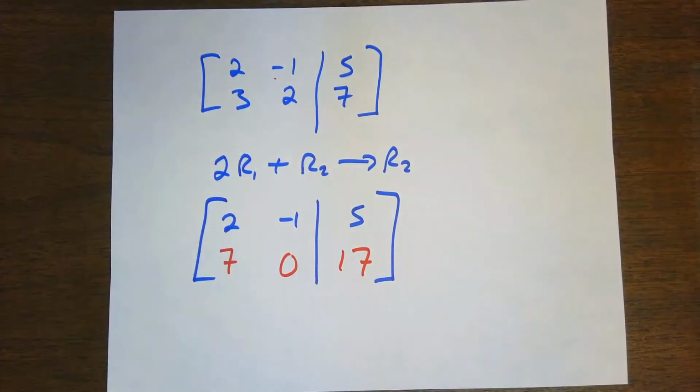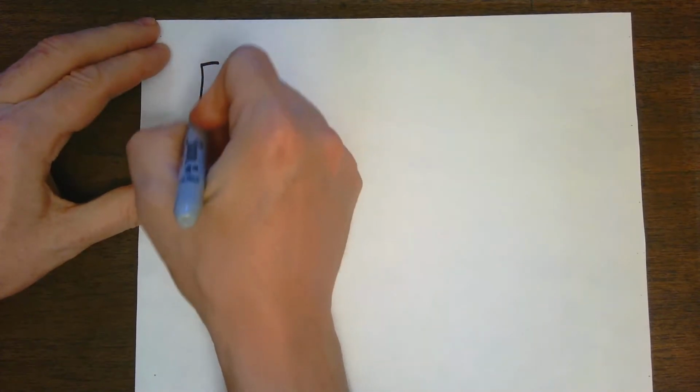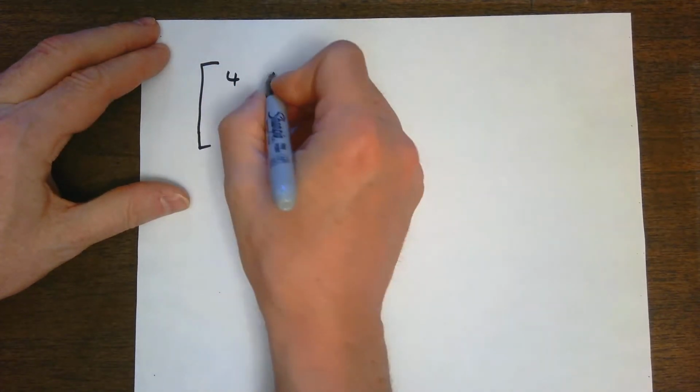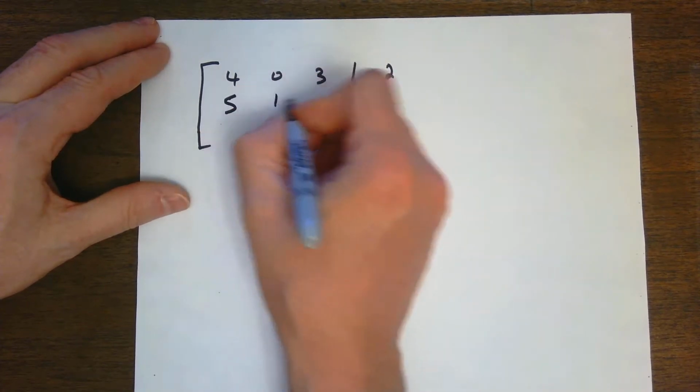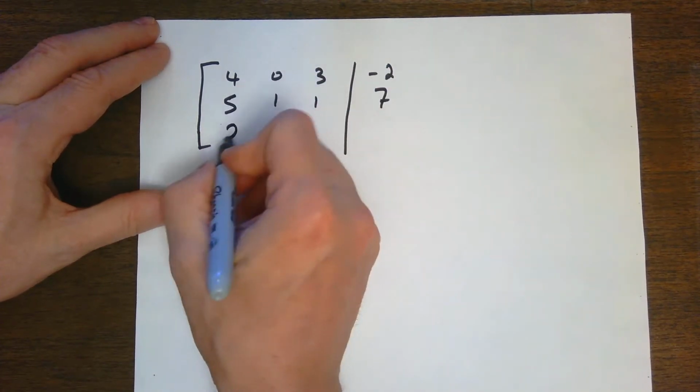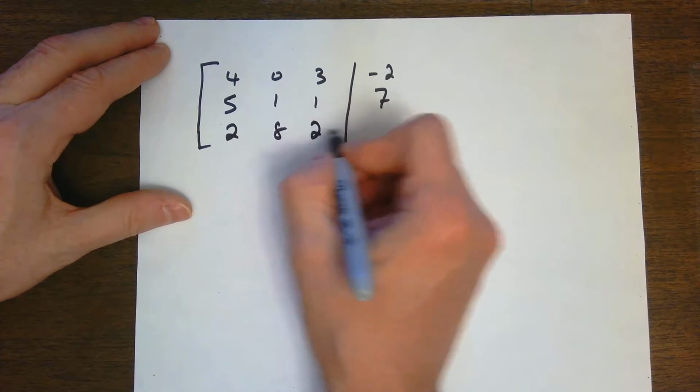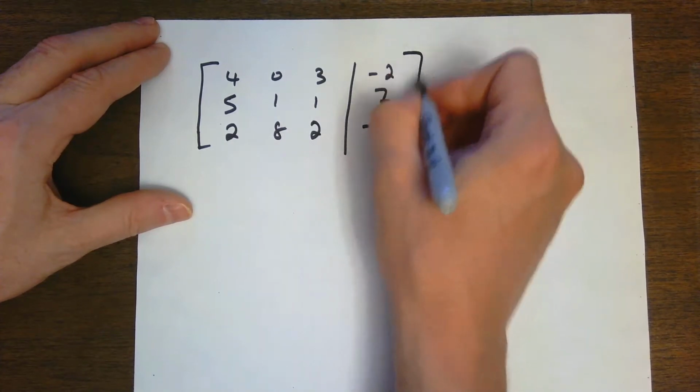Now, when we do these row operations, we're only ever changing one row at a time. Okay? Let me give you one to try here. Let me give you another matrix. Suppose I have the following matrix: 4, 0, 3, negative 2, 5, 1, 1, 7, and 2, 8, 2, negative 2.